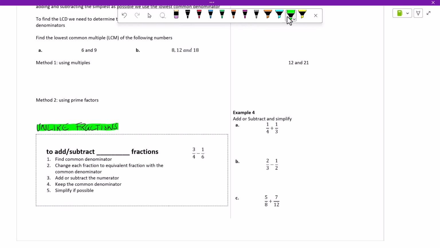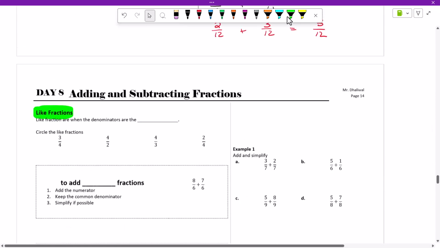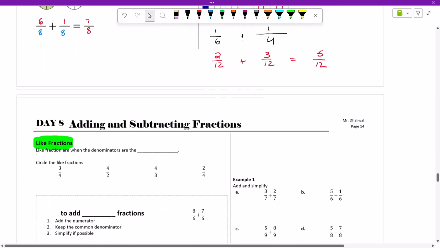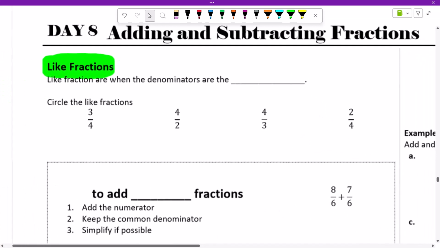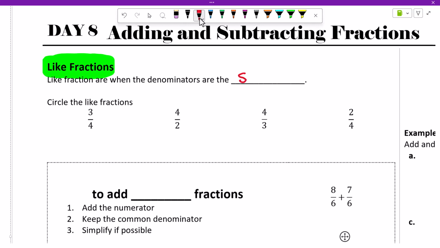Now, the like fraction was the easy situation with the diagram. That is when the bottom numbers were the same, when the denominators were exactly the same. So I've got a list of fractions there: 3/4, 4 over 2, 4 over 3, 2/4.